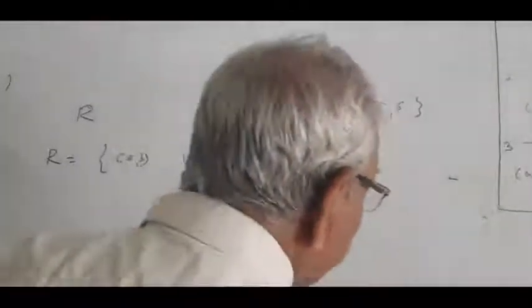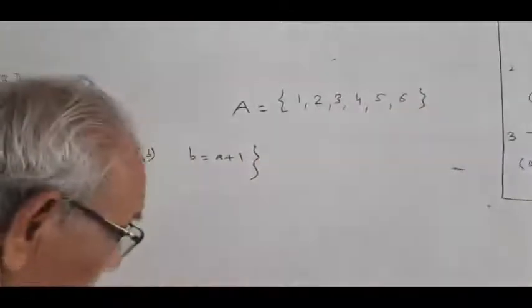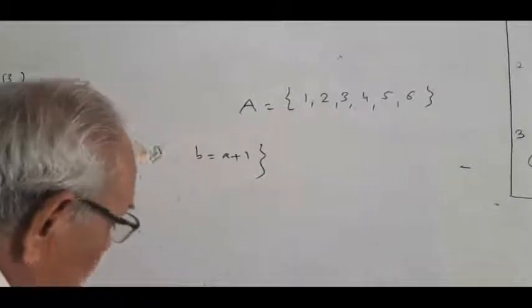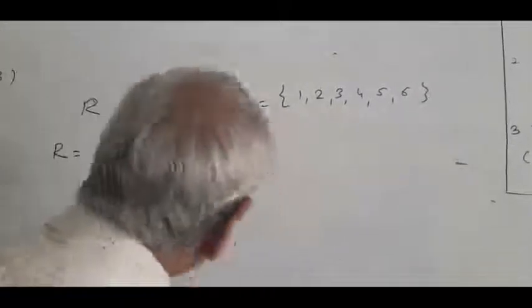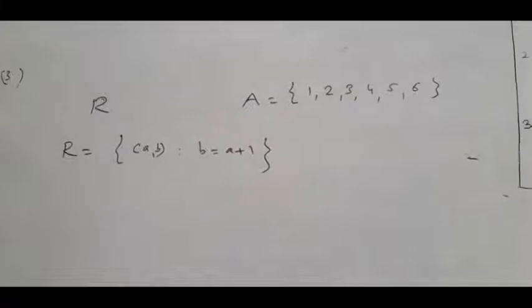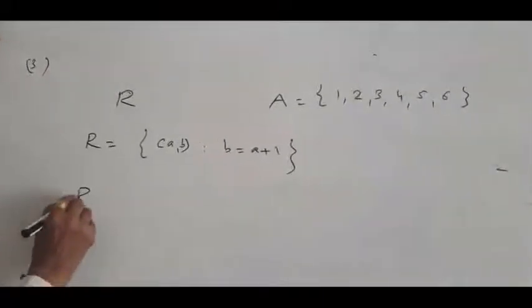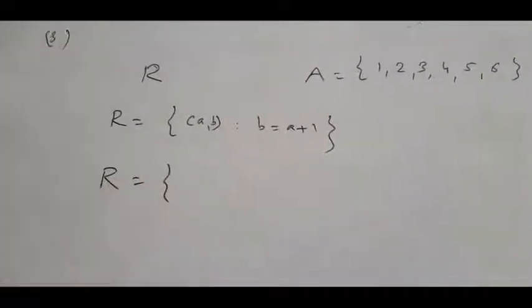We want to check whether this relation is reflexive, symmetric or transitive. First of all, we will write R by the listing method.